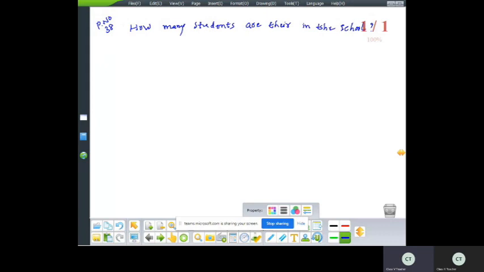The class-wise strength of Kasim Devpet Primary School is given below in the table. Here the clue is also given.